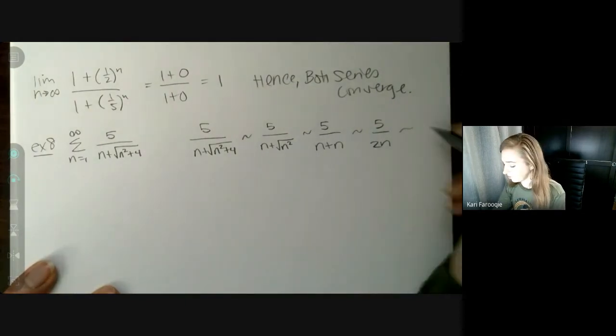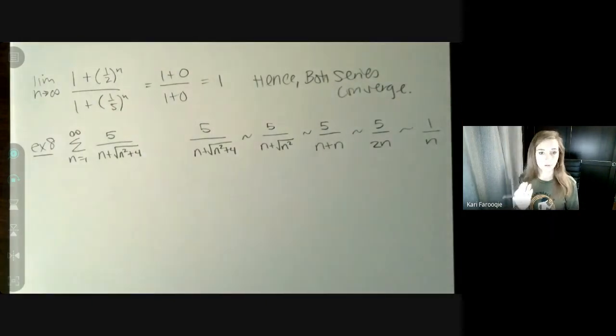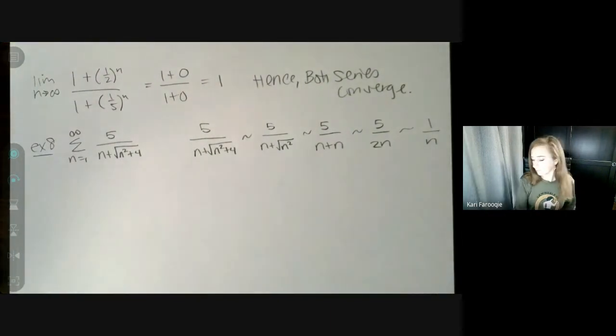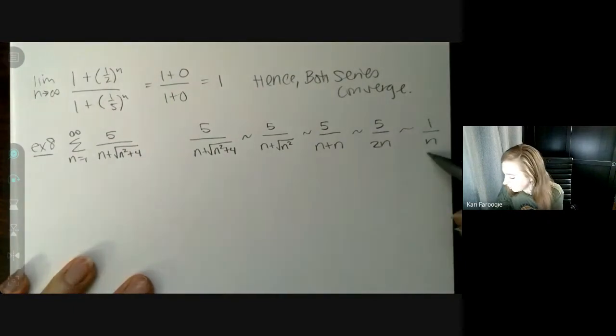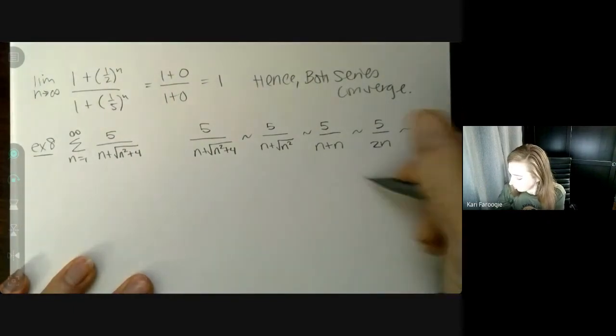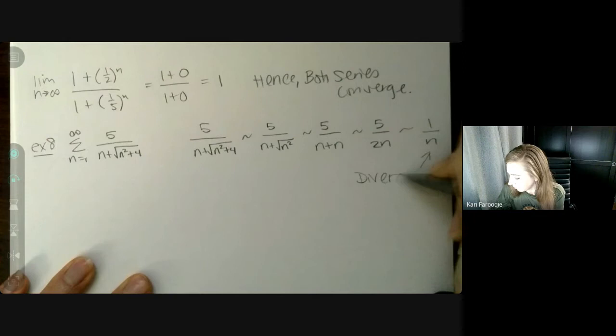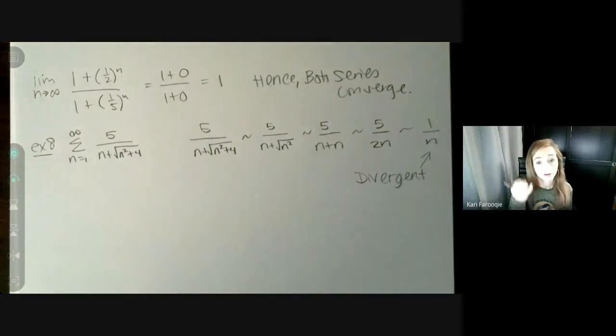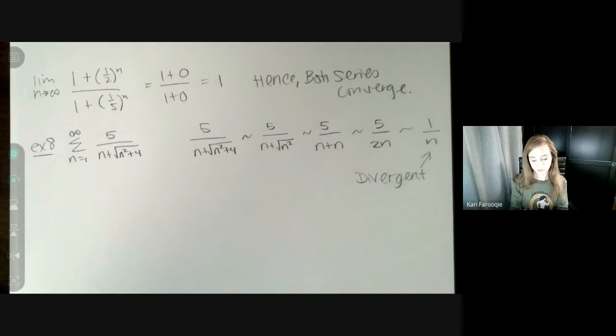So we'll say that this is approximately 1 over n because the constant multiples 5 and 2 aren't going to affect the convergence or divergence. Now we know this is the harmonic series, which is divergent. Now it's going to be the comparison. Any questions on finding the comparison series?